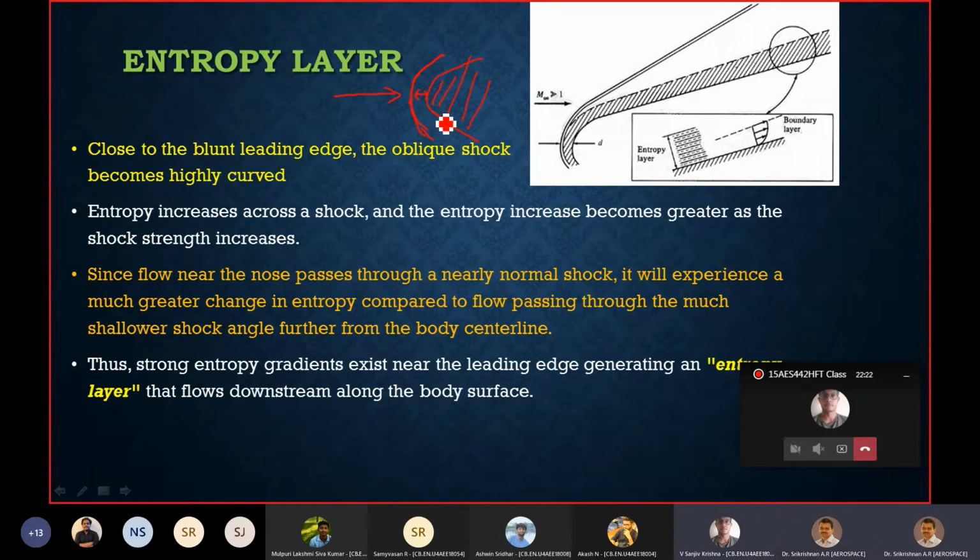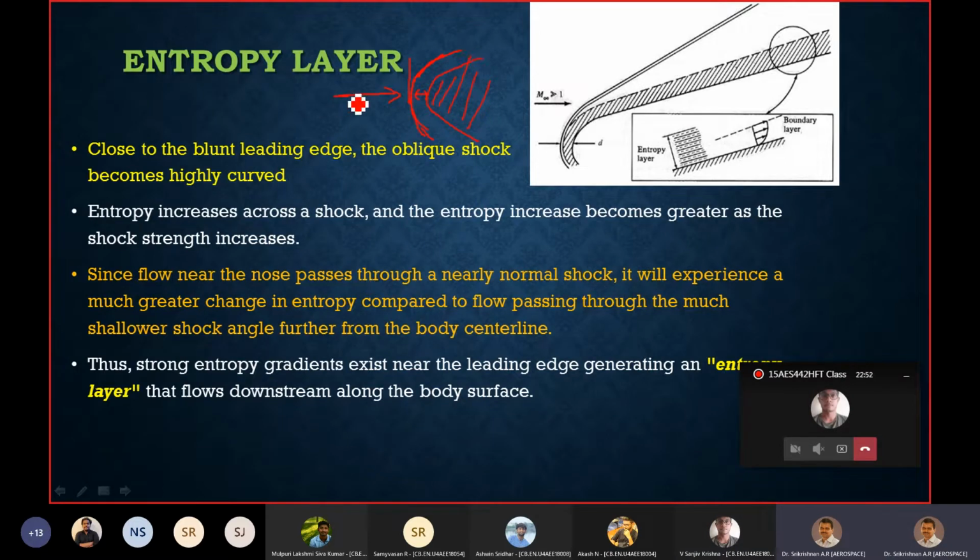Let us say if we take a tangent to the curve near the center, there it's a normal shock. When you go up or down, it's an oblique shock. Exactly. So near the center, you have a normal shock region. Away from the center, you have an oblique shock region.